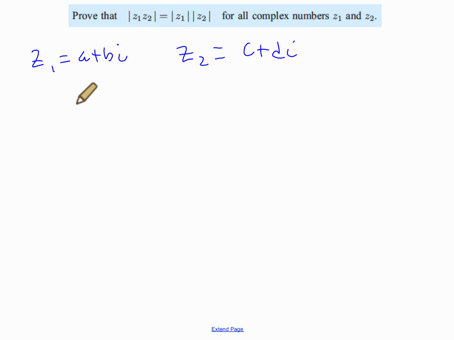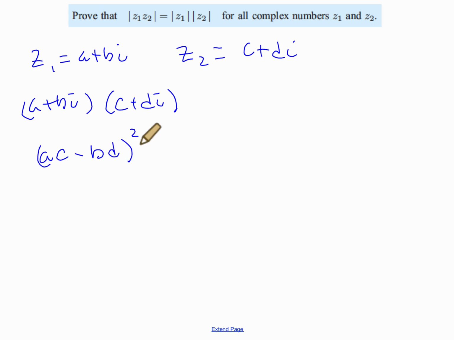Okay, and we're going to first take a plus bi for the left side, a plus bi times c plus di, and I will tell you that that is equal to (ac minus bd) squared, just trust me on the algebra, plus (ad plus bc) squared.